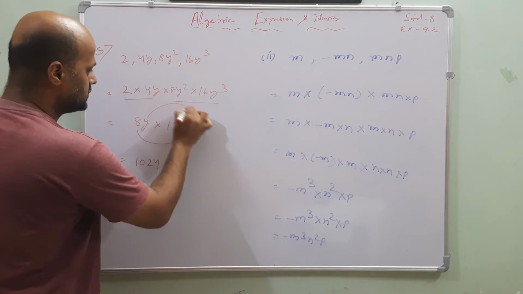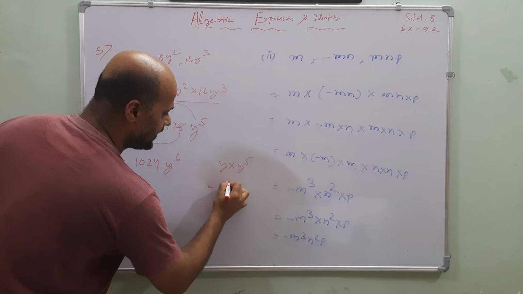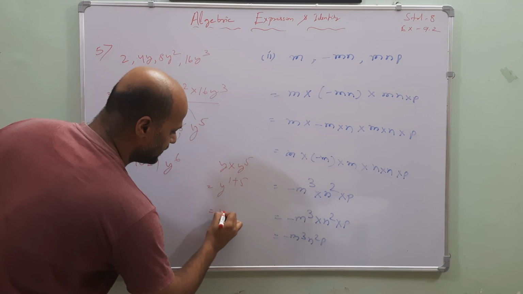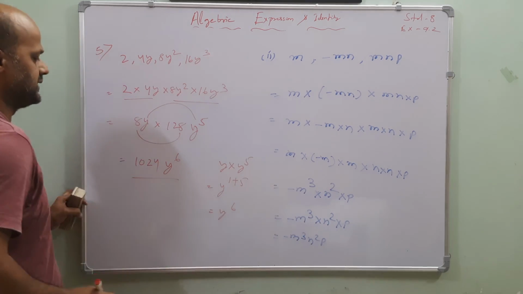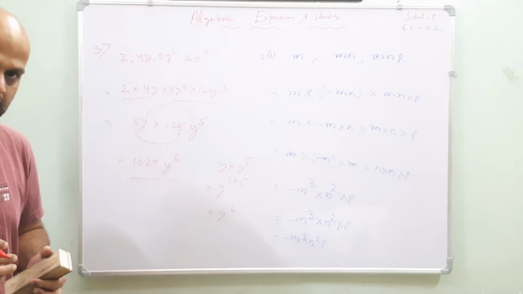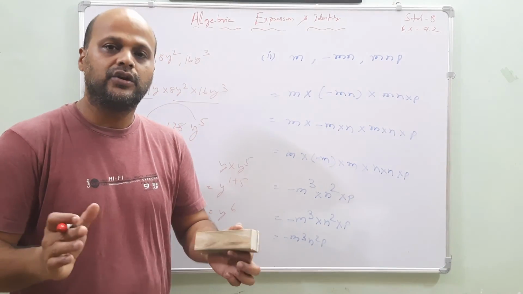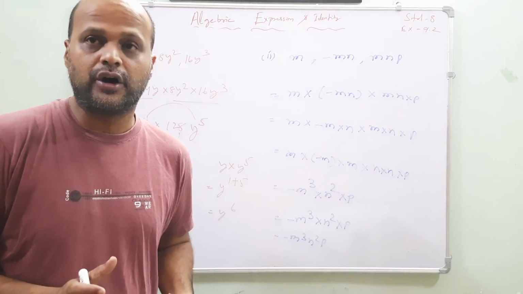How? Again, y into y power of 5, y power of 1 plus 5, y power of 6. This is the answer. Like this manner, you have to solve each and every question given in your book or the questions coming in your exam.